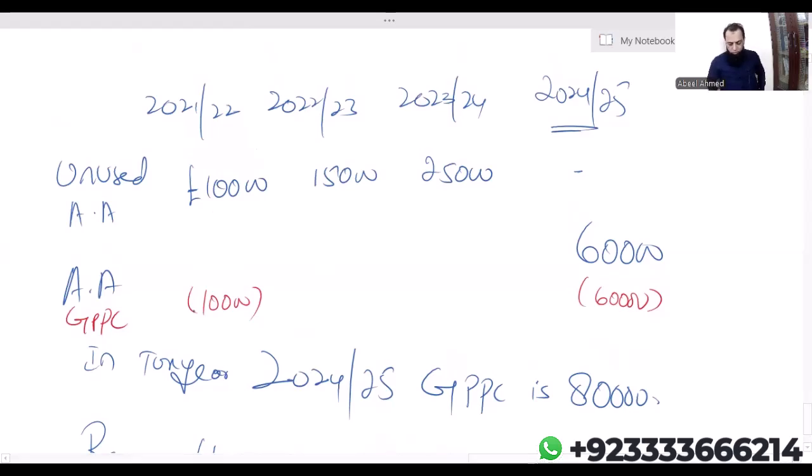Then I will use unused limit of 22-23. This is the meaning of FIFO. So number one, what to do? First, from the current tax year for which you are solving the question, go 3 tax years back and then start utilizing the unused limits on FIFO basis, first in, first out.